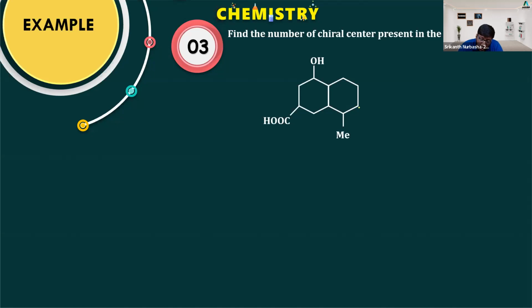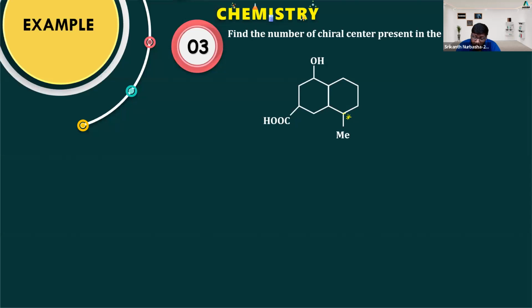Here we have CH2. CH2 means 2 hydrogens, not chiral. So I have eliminated all the CH2 groups. Remaining, methyl is eliminated, CH3 has 3 hydrogens. Look at this carbon. This carbon is connected to a methyl group. On the other side I have CH, which is fused with the other ring. On the other side I have CH2 and one more is hydrogen. So all 4 are different groups. So star mark. Look at this particular carbon. This carbon is connected to CH2, then CHCHO.